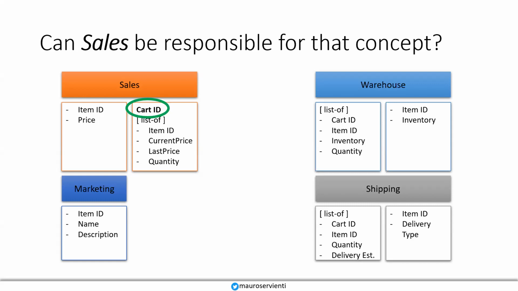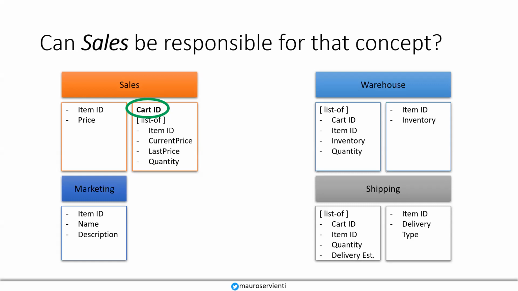So whenever we look at the business scenario where there are multiple components, or maybe we can start calling them services or microservices or aggregates, if you will, where there are multiple components involved in defining that business scenario, from the logical perspective, there will be one of these components that is responsible for that concept, or we can say that owns the concept.